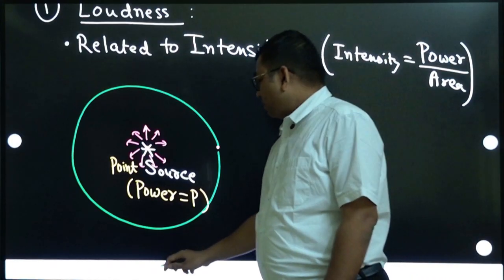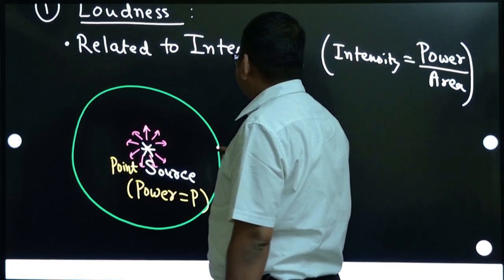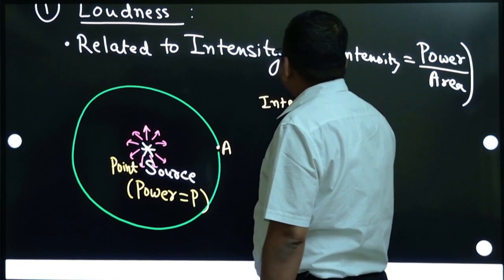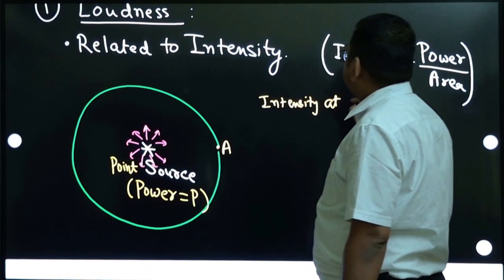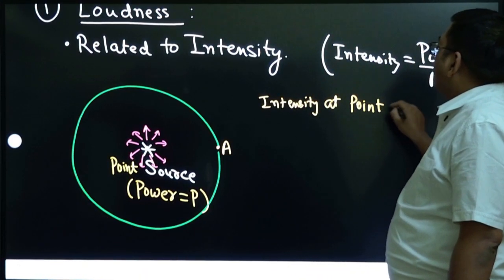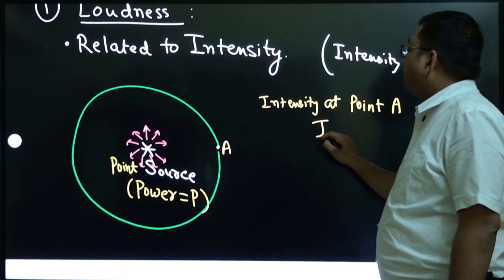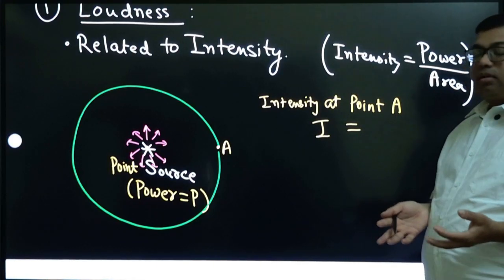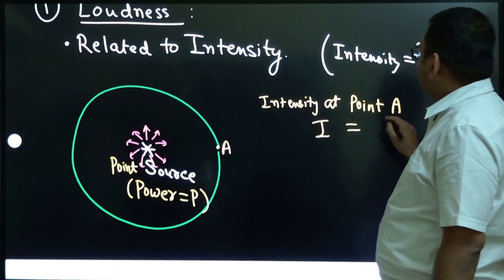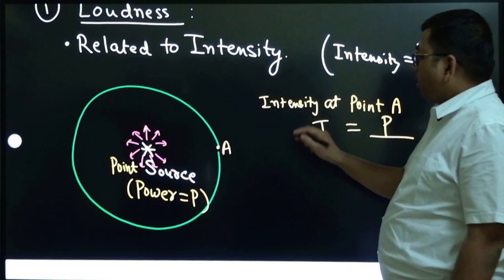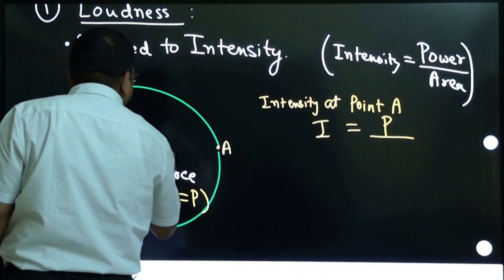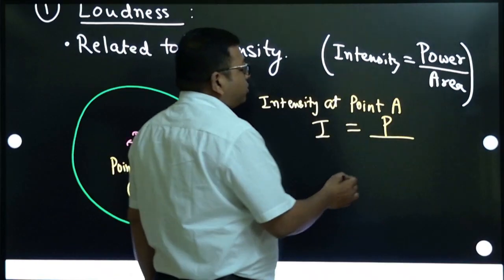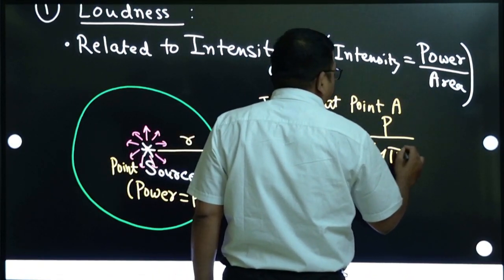Let us say that this point is A. So intensity at point A, that is I, will be calculated as power divided by area. Power is P, and let us say this distance is small r. So for the area of this sphere you use 4 pi r square.